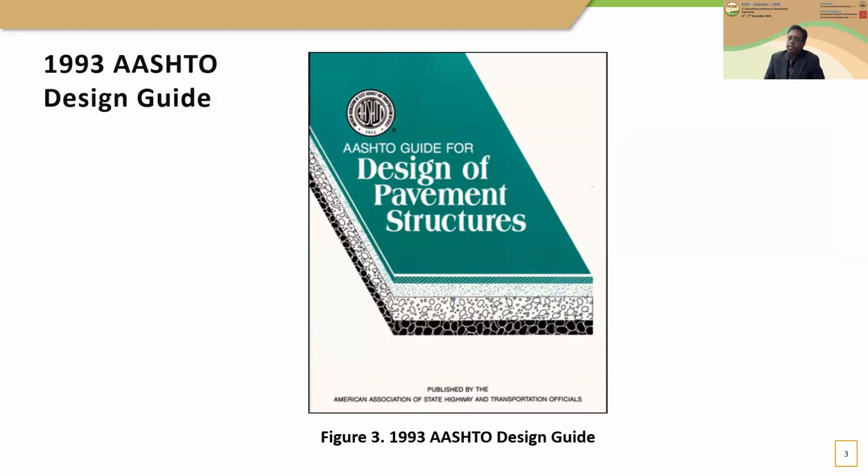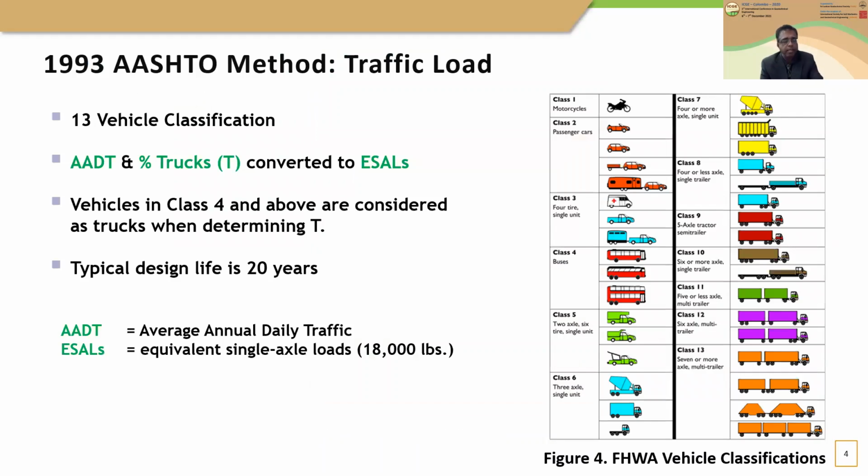1993 AASHTO pavement design. In this method, traffic loads and subgrade support are the main inputs. Climate for a geographical location is summed up with a seasonal variation factor. In 1993 method, traffic load is estimated based on equivalent single axle loads, or ESALs for short.